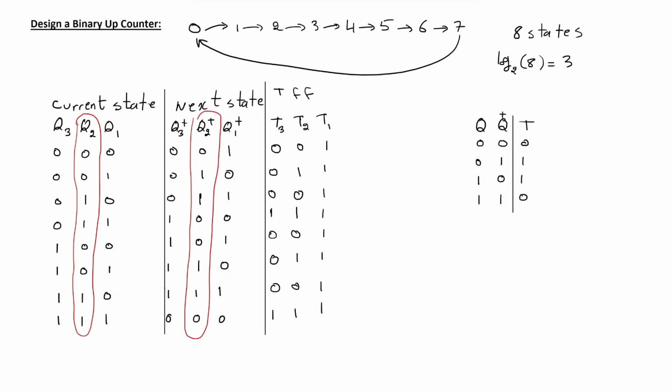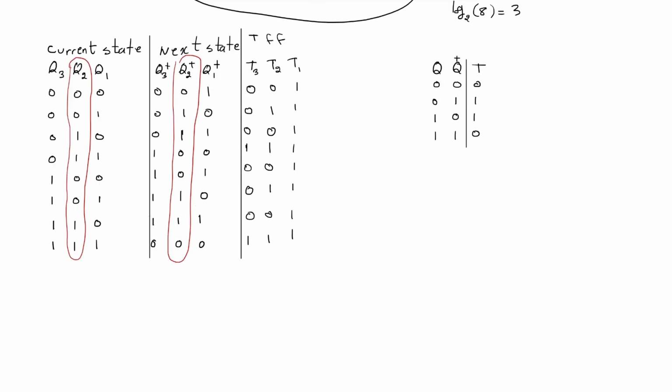So now we have obtained the required inputs for the flip-flops. Next, we can design the circuit. Let's do this using K-maps to get the minimal Boolean expression for each one. So let's start with T3. We have 3 bits, so that means we need a 3-variable K-map.